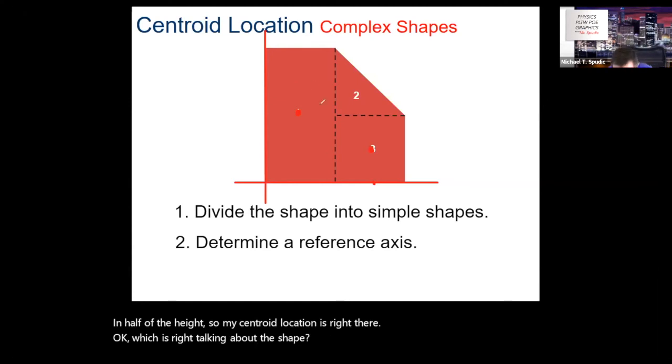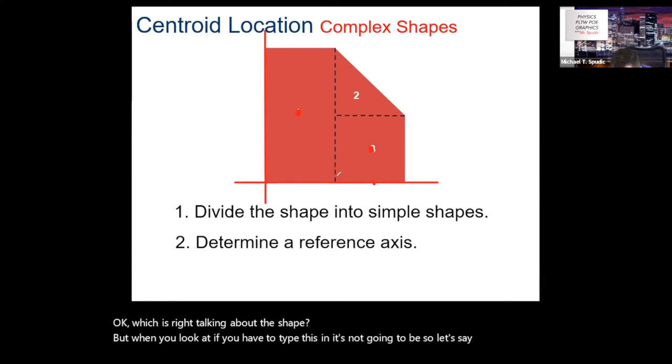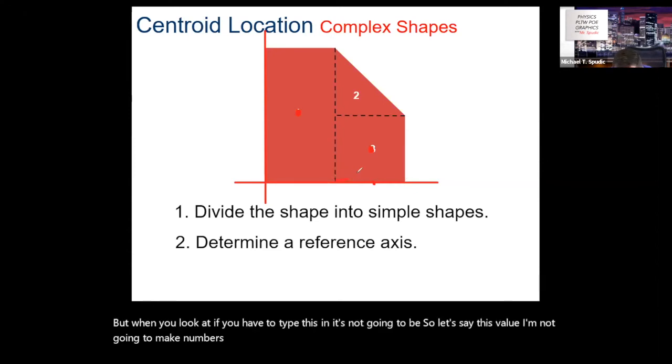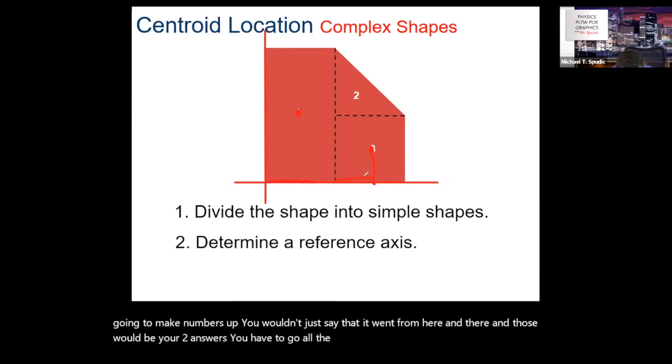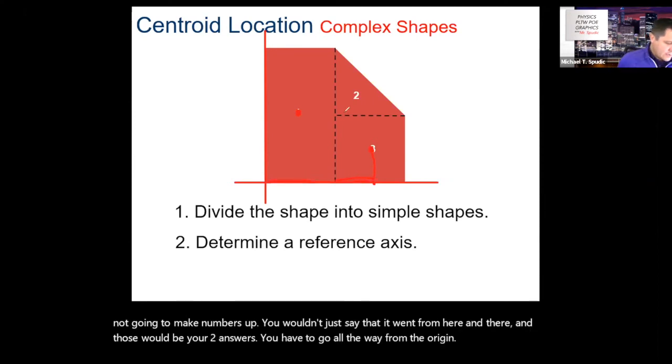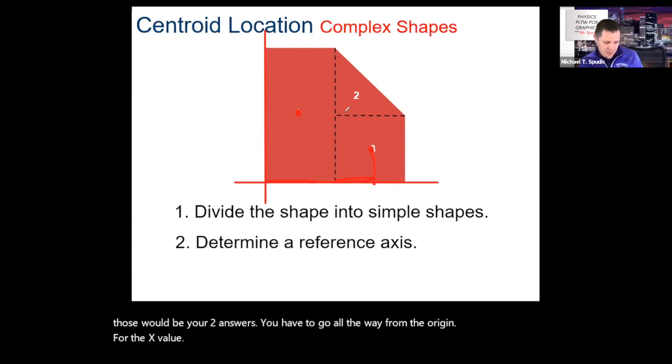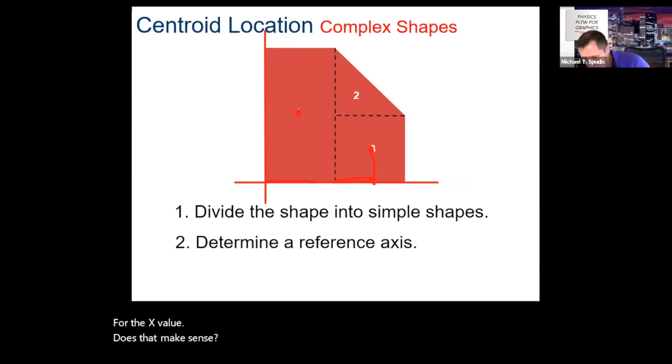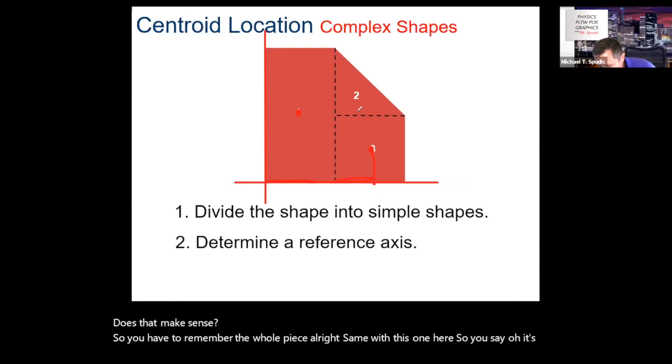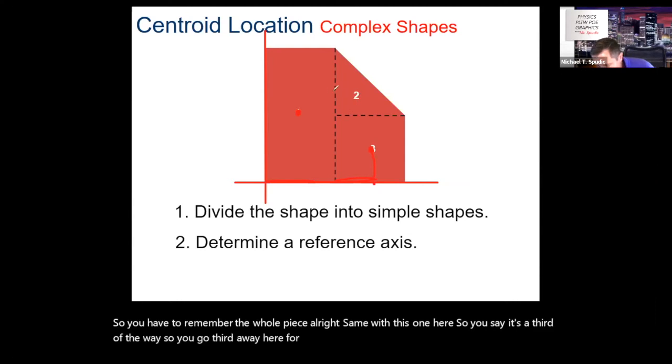That's right talking about the shape. But if you have to type this in, let's say this value, I'm not even going to make numbers up. You wouldn't just say that it went from here and there, and those would be your 2 answers. You have to go all the way from the origin for the X value. Does that make sense? So you have to remember the whole piece. Same with this one here. You say, oh, it's a third of the way, so you go a third of the way here for the triangle, and a third of the way up for the triangle.